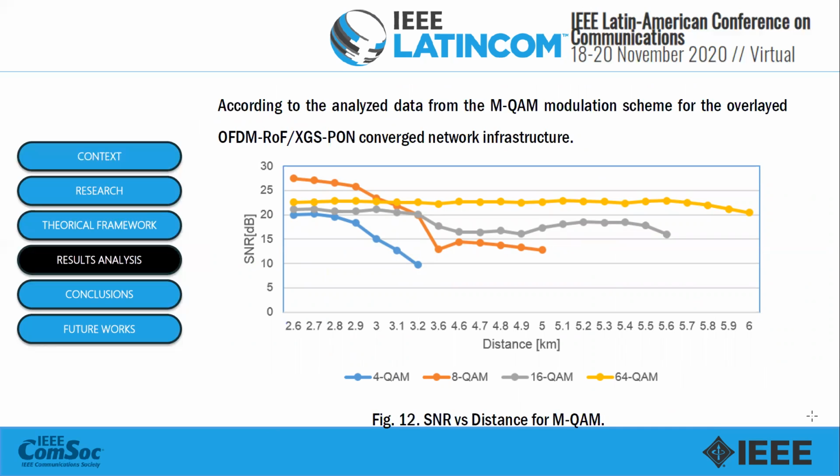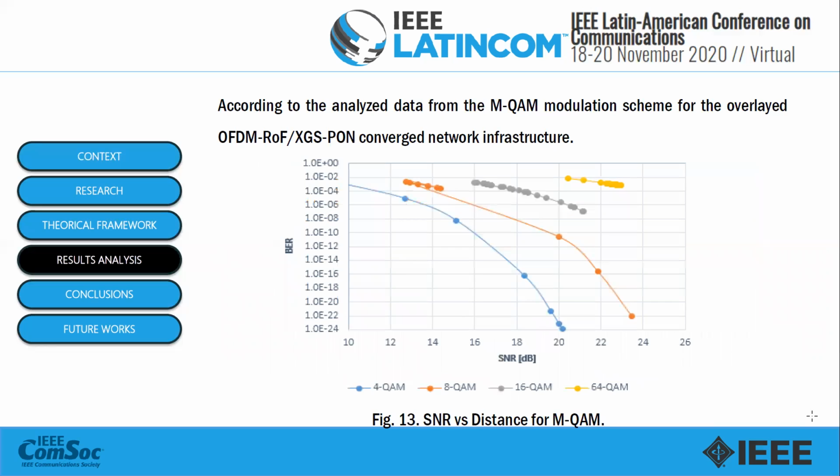So you see how, varying from 4 to 64, the distance is on the x-axis, and the SNR is on the y-axis, showing how this normally decreases as a function of the distance, but also the effect that if you increase the M in the M-QAM, you tend to have a better performance. Yes, but it's important to consider the other results.